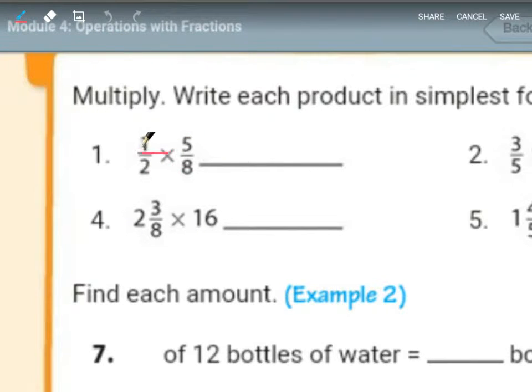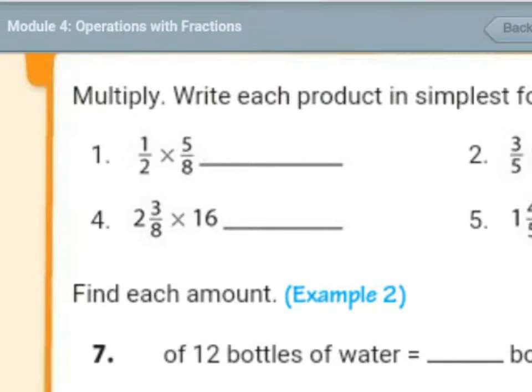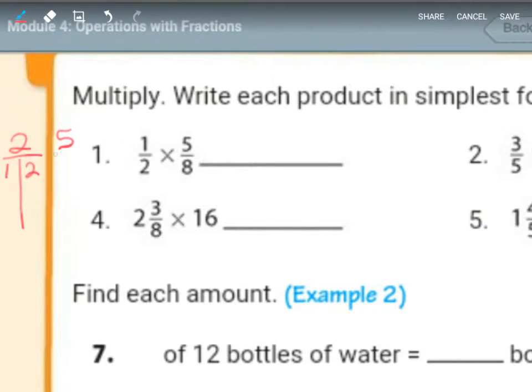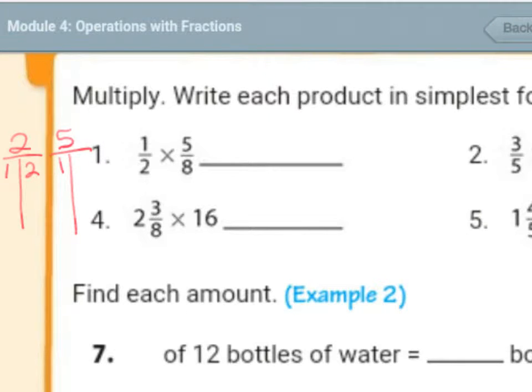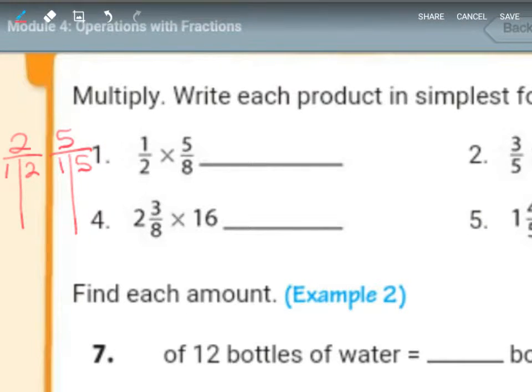If there's anything that can go into both 2 and 5, we would need to divide that out and cross cancel. However, we don't have anything. I mean, we can list our factors over here. If we have 2, our factors are 1 and 2. If we have 5, our factors are 1 and 5. And the only number that they had in common was 1.